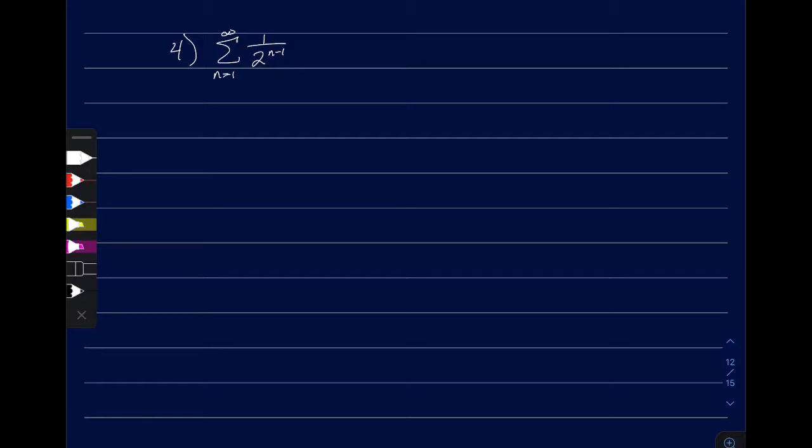And finally, let's take a look at the series 1 over 2 to the n minus 1. If we look at our partial sums, that's going to be the sum as k goes from 1 to n of 1 over 2 to the k minus 1, which is going to be 1 minus 1 over 2 to the n, which is going to approach 1.